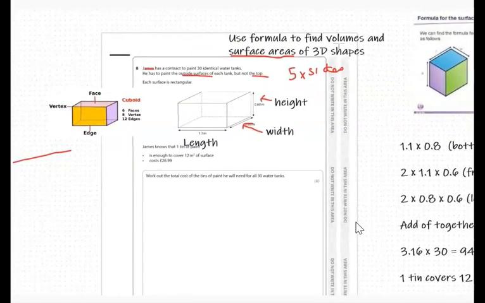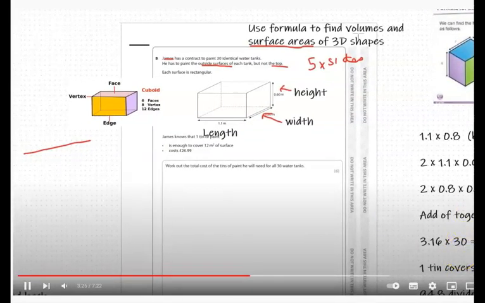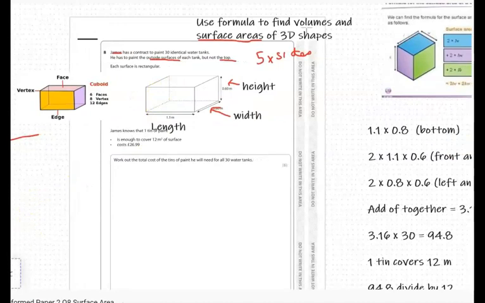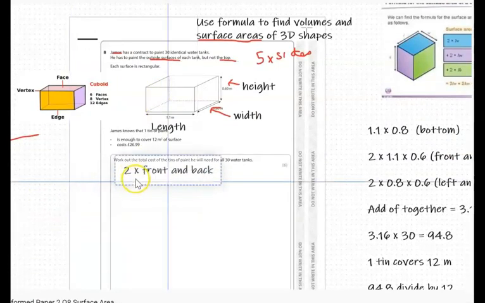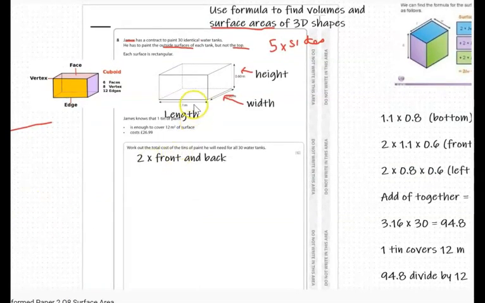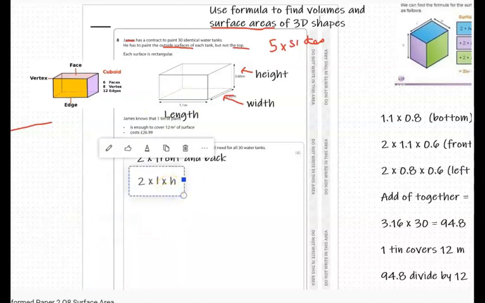So we know we have to have 5 sides. So we've got front and back. So those two together: for the front we need the length and the height, and the back, because it's a rectangular cuboid, is exactly the same.